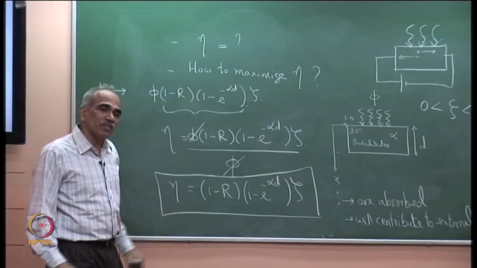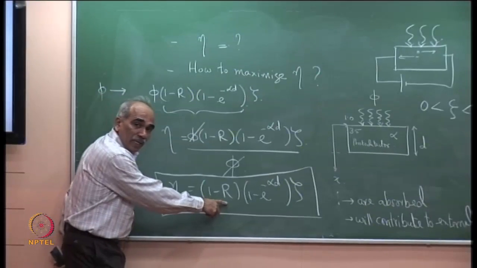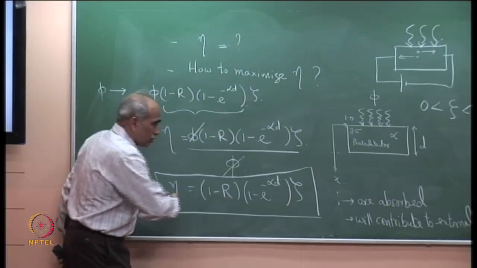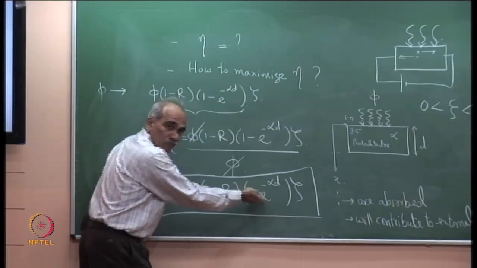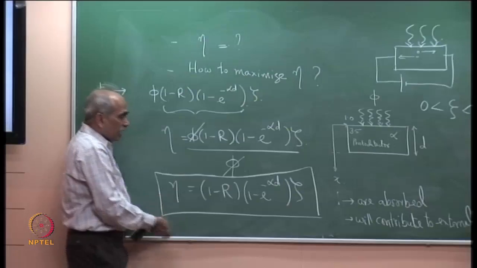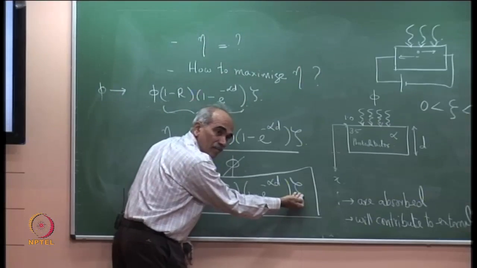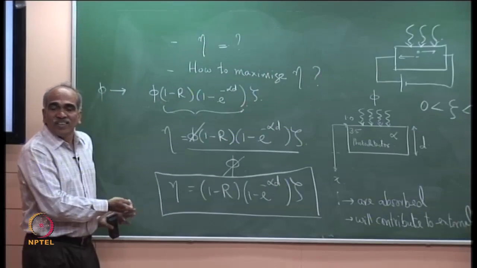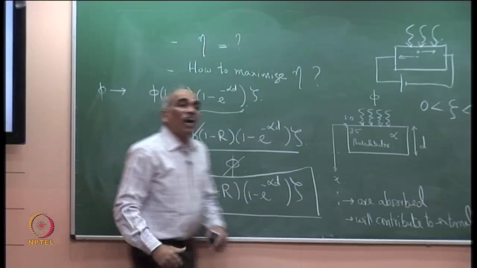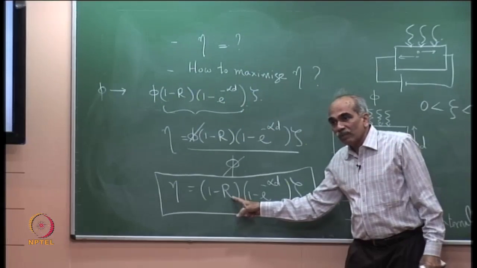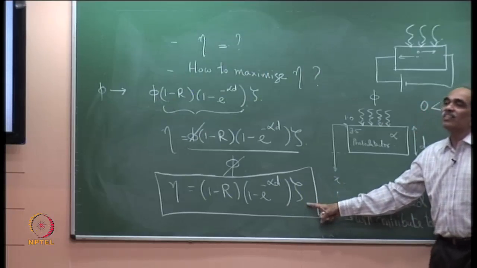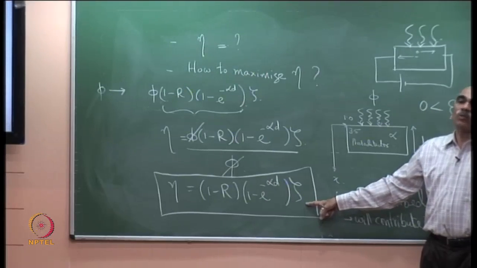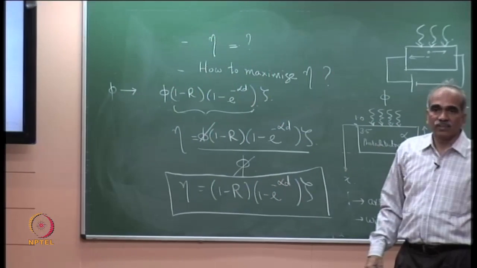How to maximize? If I can make R equal to 0, this will be very large. If I can make this equal to 0, this will be maximum. If I can make this equal to 1, that will be maximum. Therefore, the question is how to make R equal to 0, how to make this term equal to 0 and how to make this term equal to 1. What will affect these things?